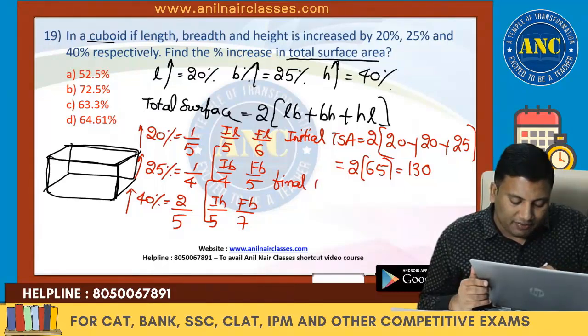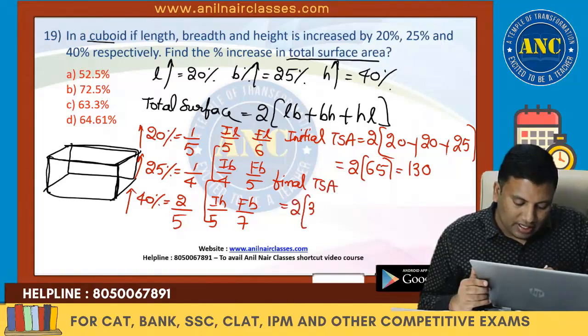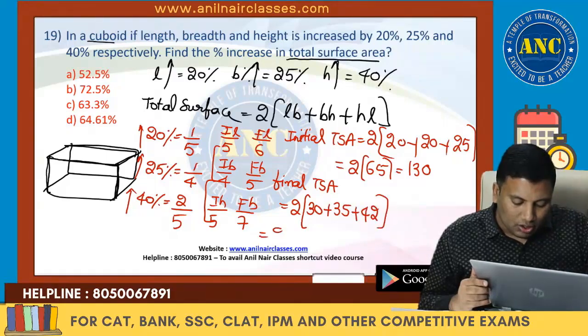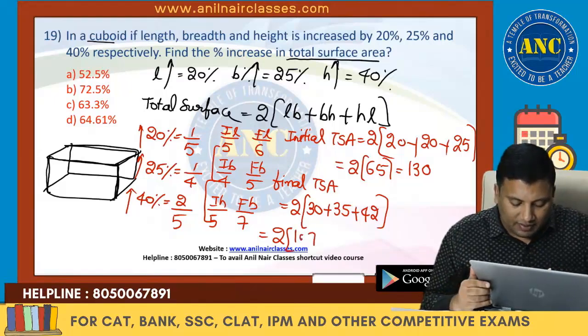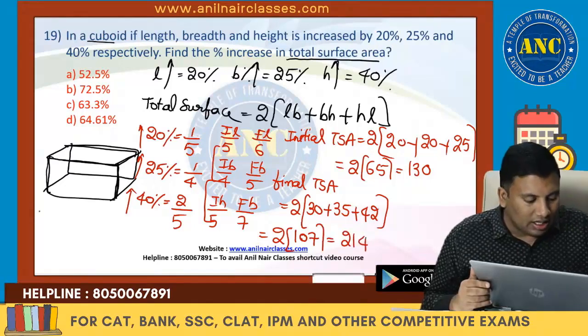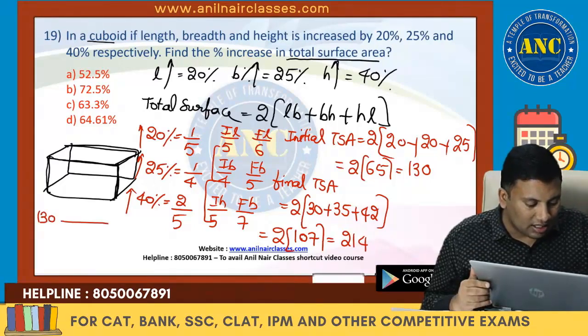Final total surface area is 2 into 6 5s are 30, 7 5s are 35, 7 6s are 42. So 2 into 65 plus 102, 107. That is nothing but 214. Initial value is 130.